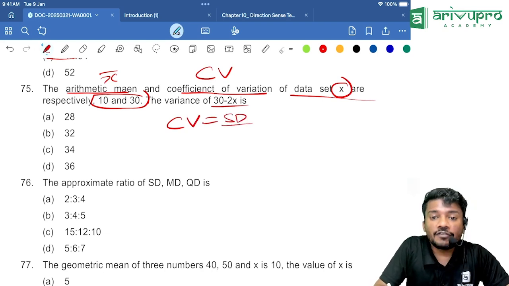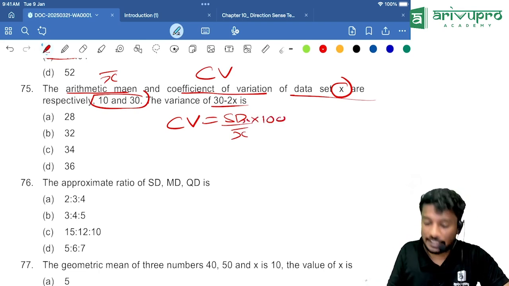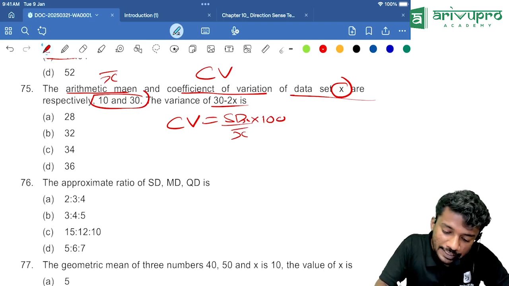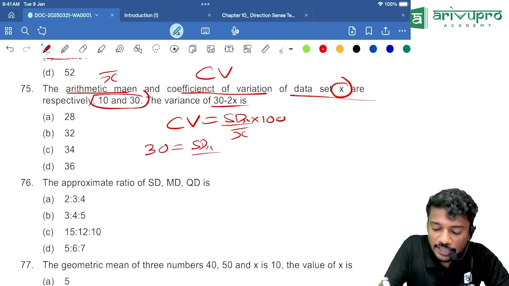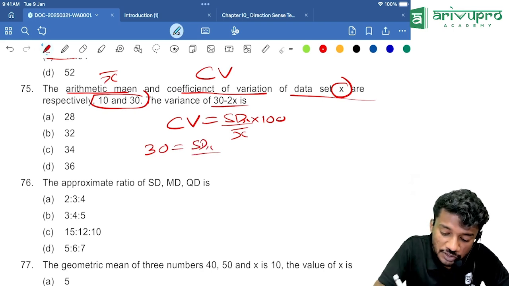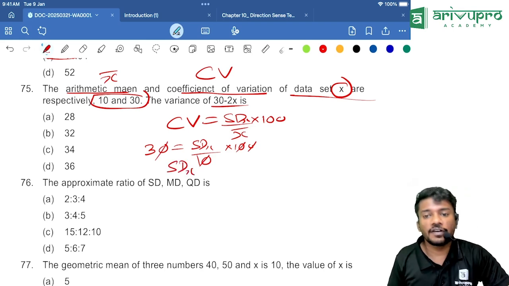Standard deviation divided by x bar into 100. From this, can we find standard deviation of x? Yes. So 30 is equal to standard deviation of x divided by x bar, into 100. How much is the answer? 3 is standard deviation of x.